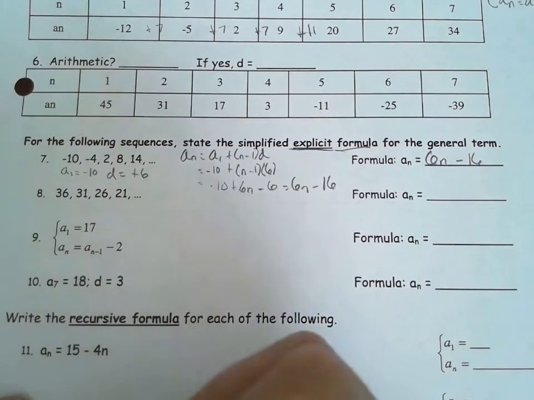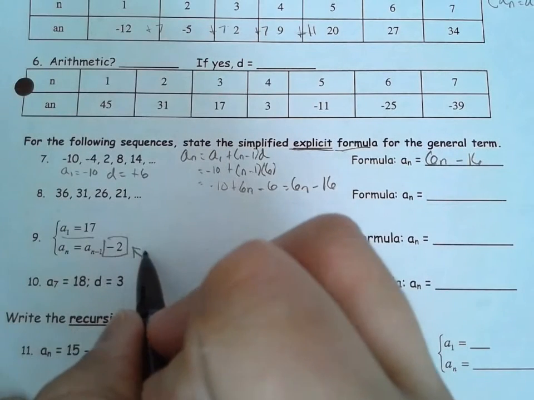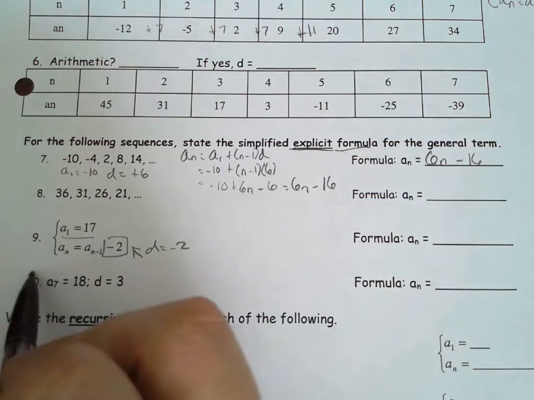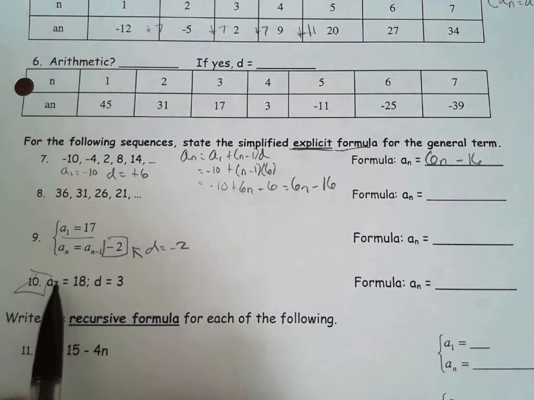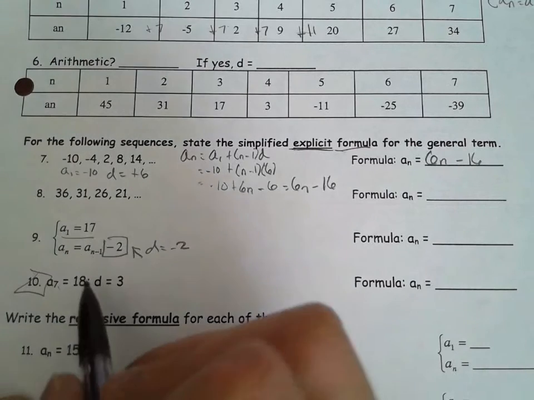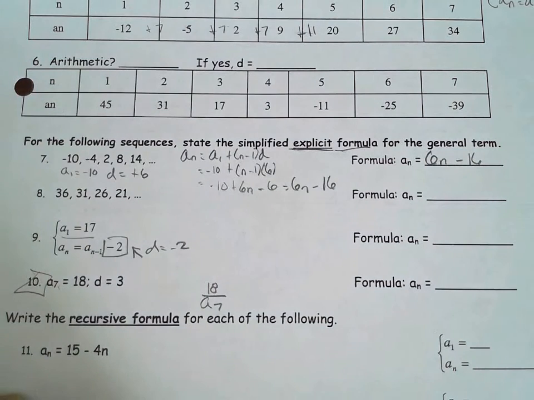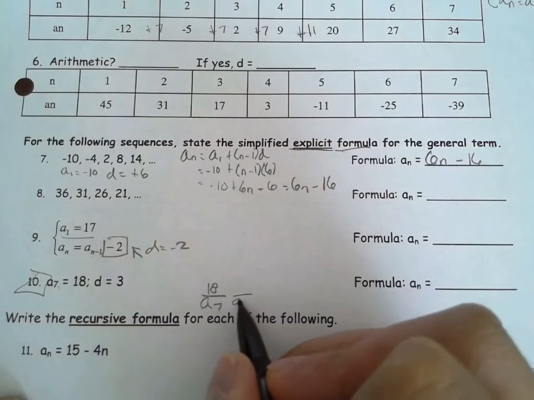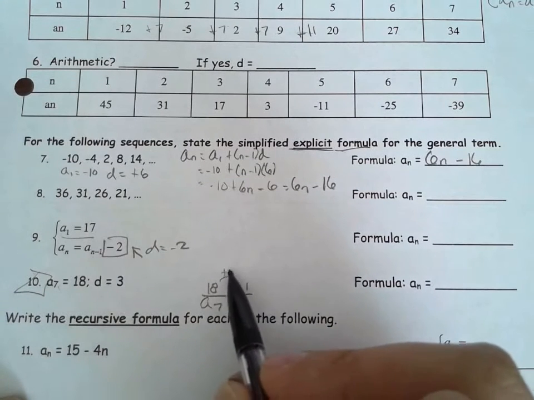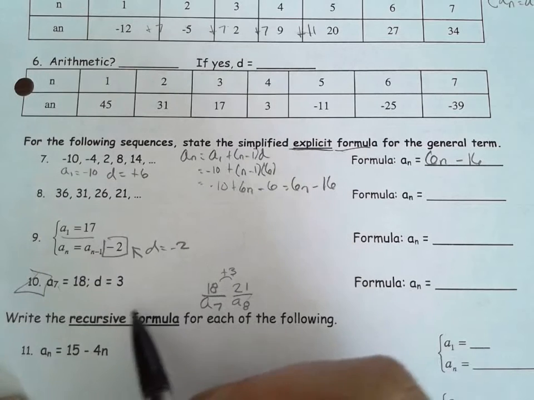The only thing in 9 that you have to look at, you have A_1. Make sure you can look at your recursive formula and see that that number right there is the difference. Okay. Now number 10 can be tricky because you don't have A_1 and you only know the difference. One way to do it is to know, well, if I'm at a 7, okay, and my difference of plus 3 would give me an 8, I need to go minus 3 to go back to A_1.